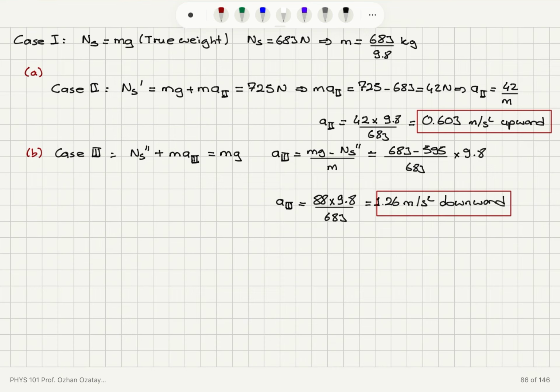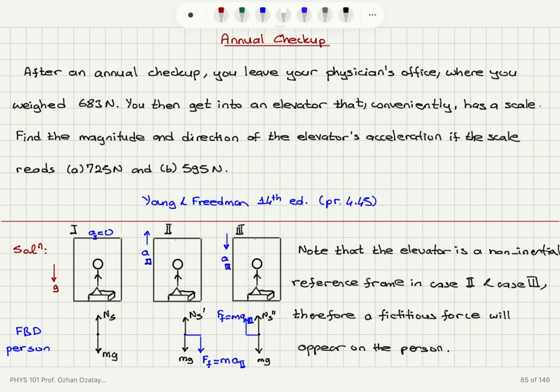Okay, so to summarize, we have three situations where we're trying to measure the weight of this person. The inertial reference frame is a non-accelerating reference frame where all the forces are real. The normal force from the scale balances the weight of the person. This is what is measured in the physician's office or in a non-accelerating elevator.